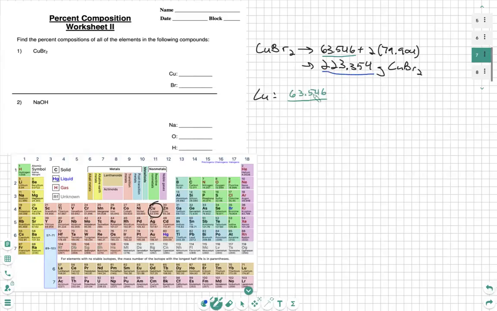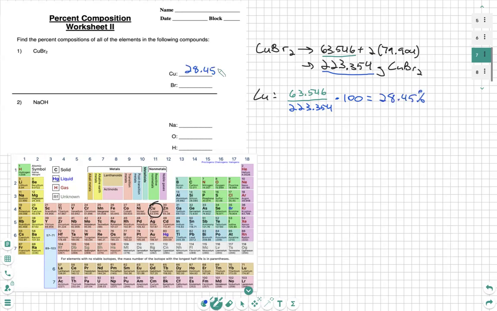So the mass of my part over the mass of my whole, and we're going to multiply this by 100. And then we should be done. So let's do it. 63.546 divided by 223.354 times 100 gets us 28.45%. So there we go.